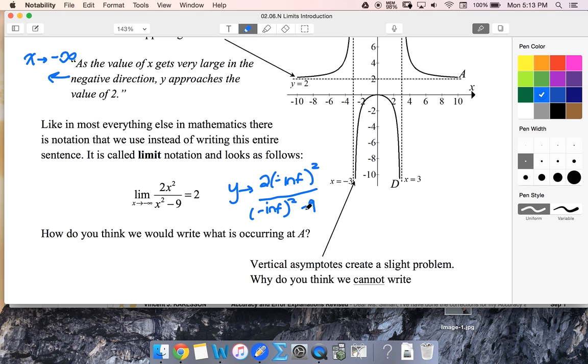Well, of course, having infinity squared is a huge number. Subtracting that 9 isn't really changing things. And really what it means is that this top number is just a little bit bigger. This top is a little bit bigger than this bottom one because I've subtracted this 9, but really they're about the same, so it's like they cancel out, and I'm left with just a y value of 2.